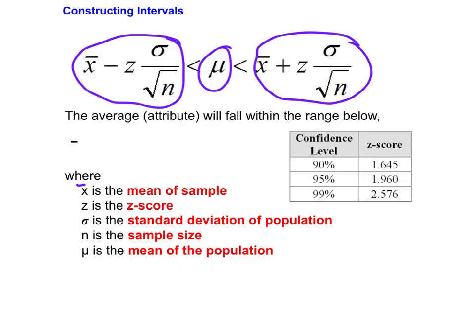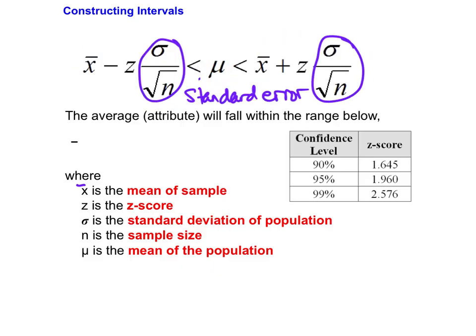So we're going to take the average of our sample. We're going to subtract our Z score times the standard deviation of the population divided by the square root of the number in our sample. And that's going to be our lower limit, which is less than our average, which is less than our upper limit, which takes the sample mean, and we add the Z score times the standard deviation of the population divided by the square root of the number in our sample.